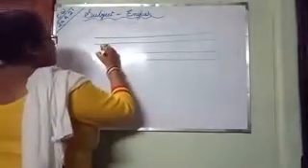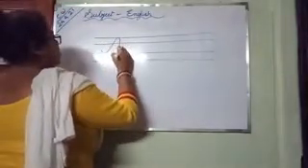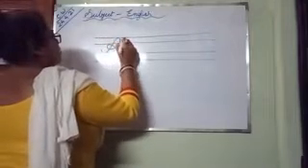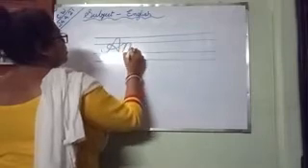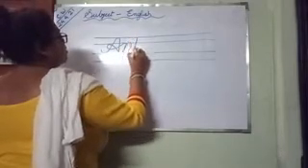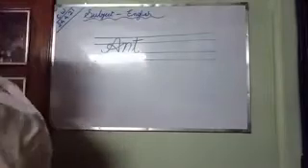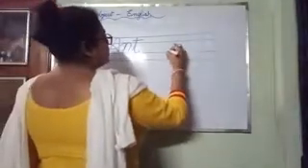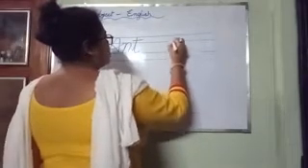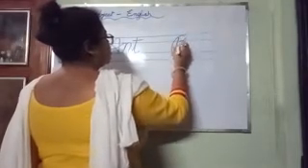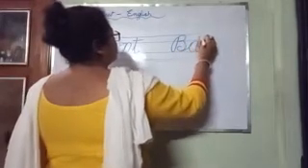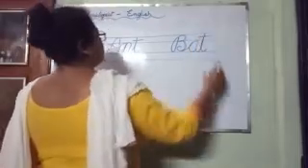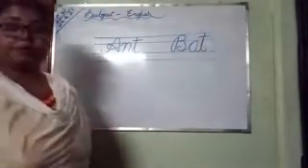You know how to write cursive letter A. Then from here you write N. Then T. This is ant. Then this is B. Then from here only A. T, bat. This you have already practiced.